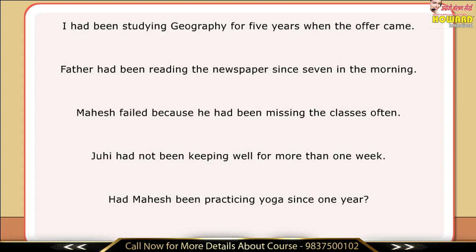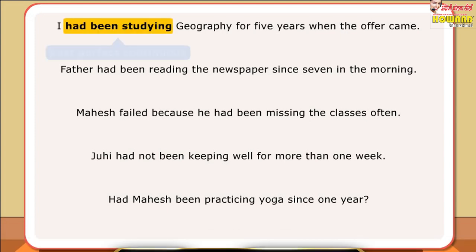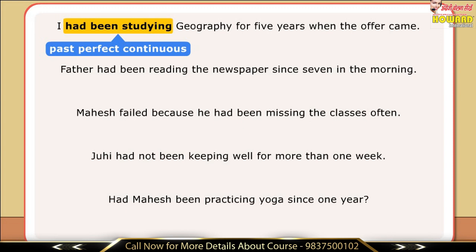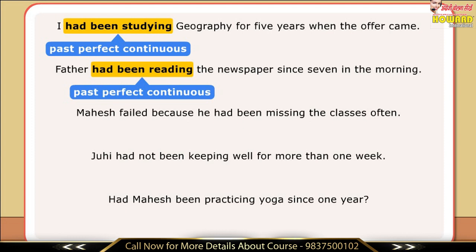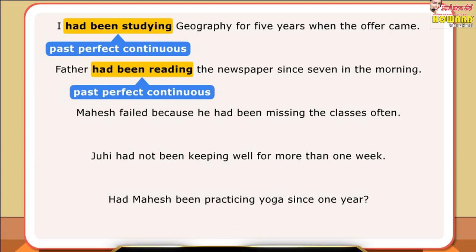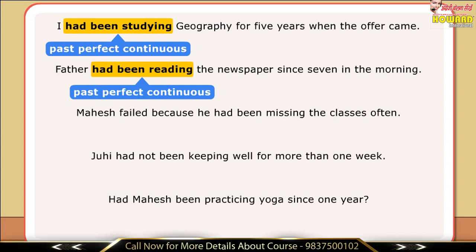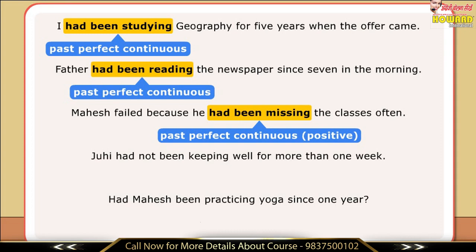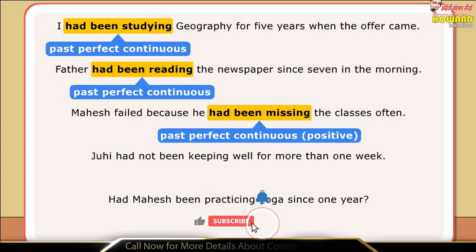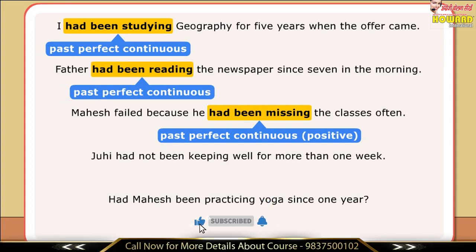In the first sentence, had been studying is past perfect continuous as the act had started and ended in the past. In the second sentence, had been reading is past perfect continuous as the act began at a specific time and continued for long. In the third sentence, had been missing is past perfect continuous positive telling the cause of a development.